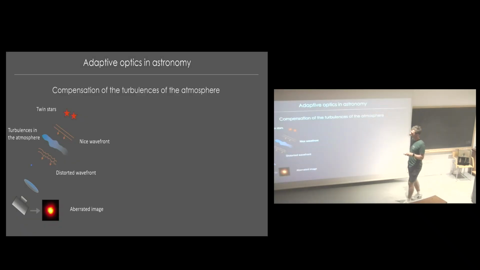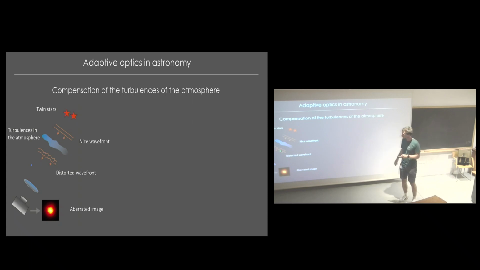And so the idea is that if you have twin stars that are literally at the infinite, then when the light is coming to Earth, you have a nice wavefront, you have plane waves, but then you have turbulences in the atmosphere. And this will severely distort your wavefront. So this is why astronomers like to put telescopes not on Earth, but in the sky, to avoid these turbulences.